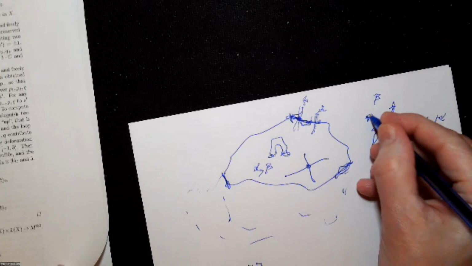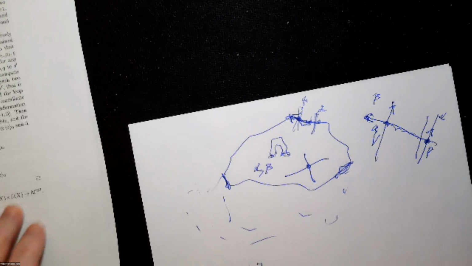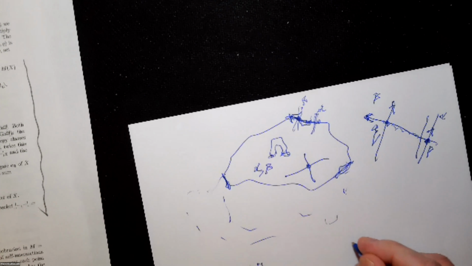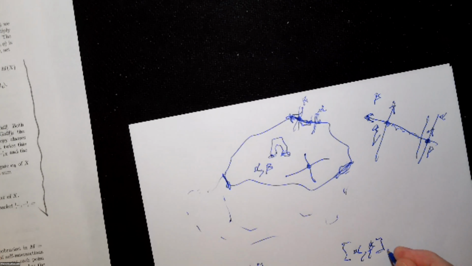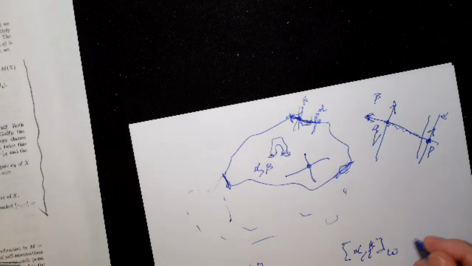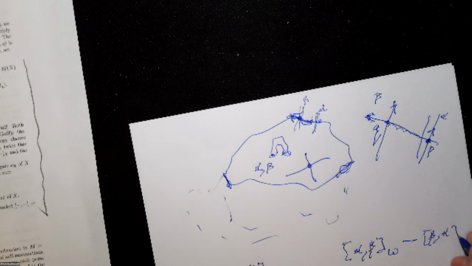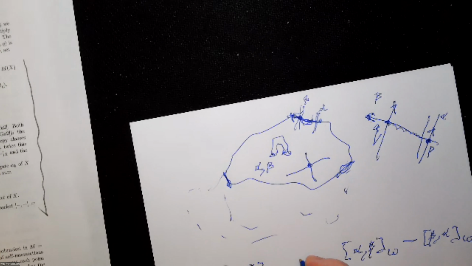I use orientation to define this product, but at the end of the day, if you skew symmetrize it, so this bracket depended on the gate orientation omega. Now, if you skew symmetrize it, you get something which is independent of omega.